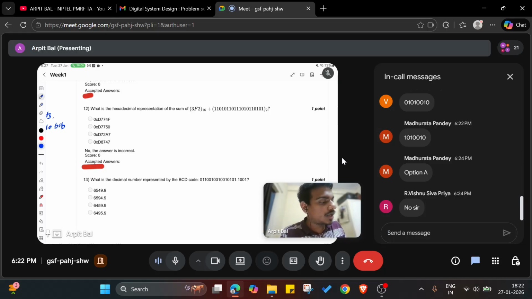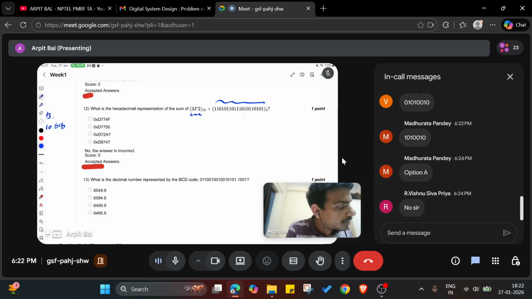Either I convert into decimal, or I convert this one into hexadecimal, based on what output I need. Here the output options are given as hexadecimal representation. So the simplest thing I can do is convert this entire sequence into hexadecimal.